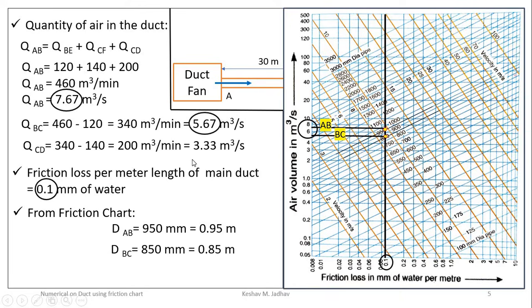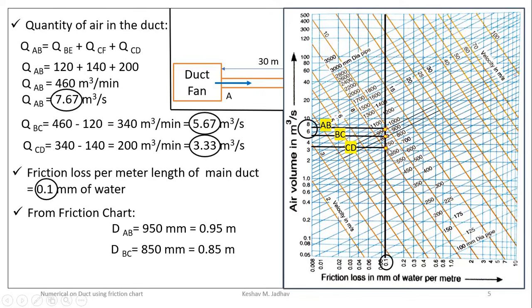Similarly for section CD, volume flow rate is 3.33 meter cube per second. So we can locate that point which will be just above this point 3. So we can draw horizontal line from this point. So this is line for CD section and this is the intersection point.